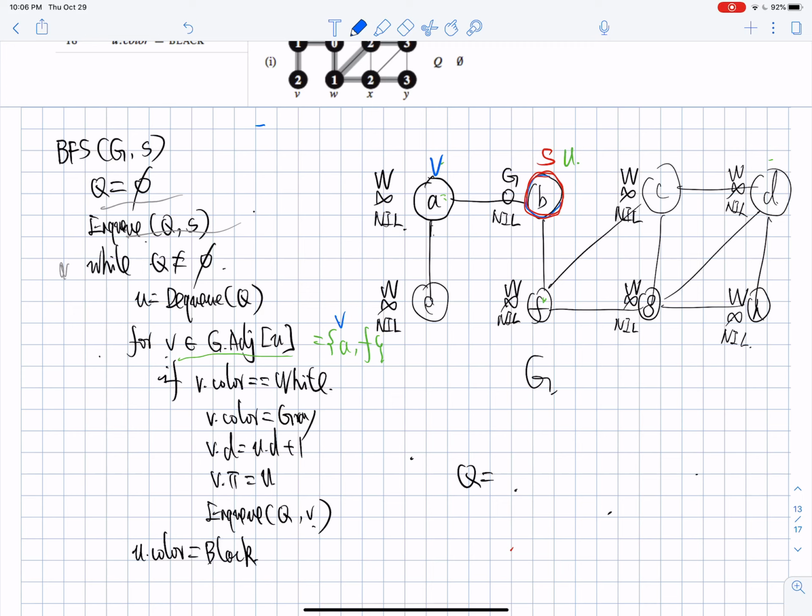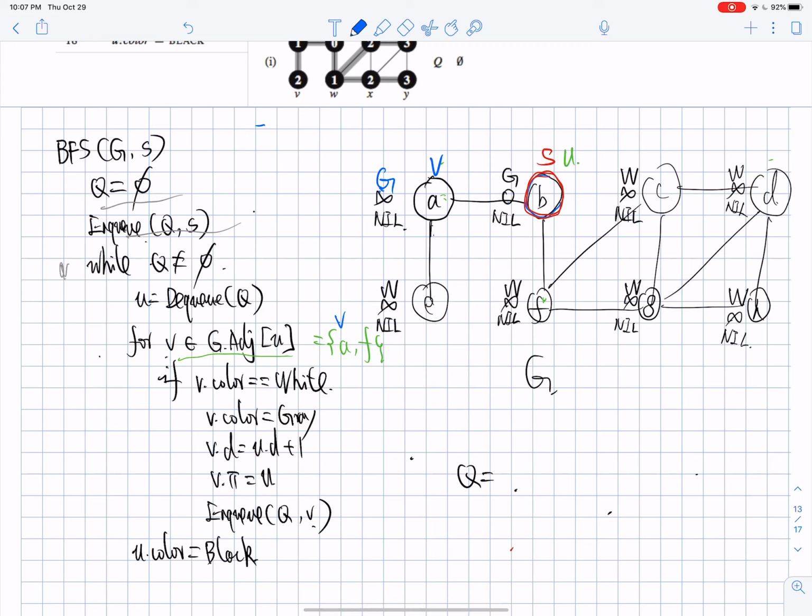If the color of v is white, yes, its color is white, so it passes the if statement, and we're able to execute the four statements inside the if condition. So v.color equals gray, and we associate it with a gray color. Then we set the distance of v as u.d plus 1.